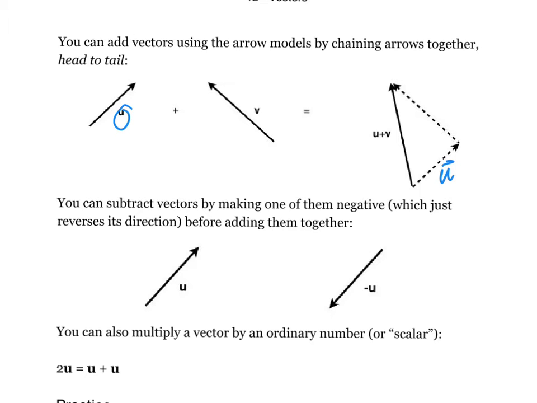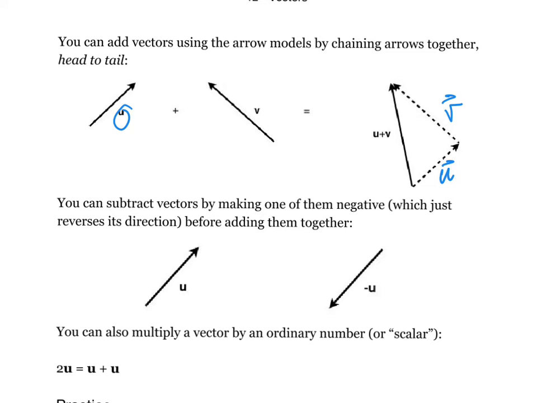So vector u starts here. That's beginning our path. It goes in this direction and it goes this far. Once we've traversed this path from beginning to end for vector u, let's tack on vector v.